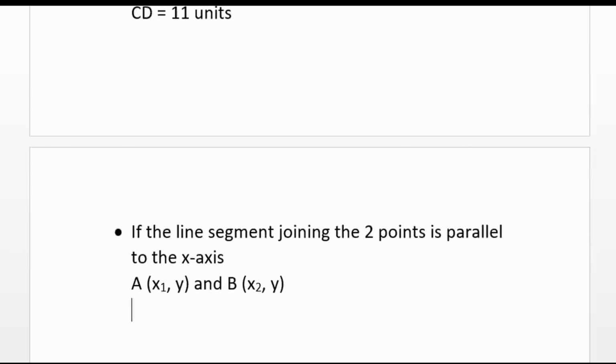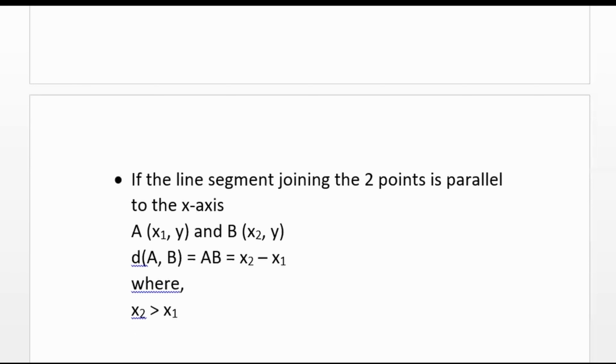Therefore, in such cases, the length of the line segment AB is the difference between the x coordinates of the 2 points. So distance AB is equal to x2 minus x1, where x2 is greater than x1.